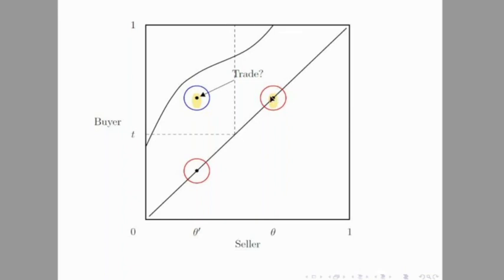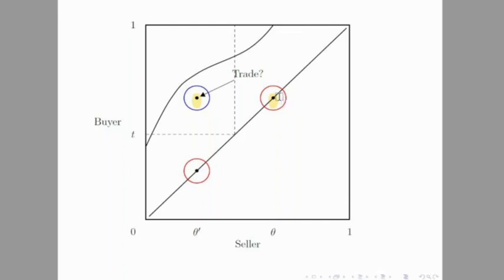So if they know that their valuation is in the diagonal point, then they can renegotiate by instead trading at that point. The contract can suggest legitimately that that trade will take place.